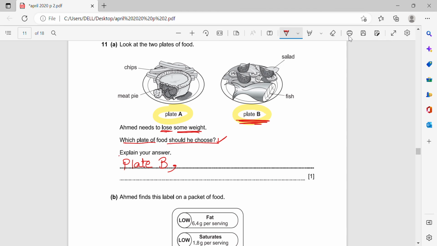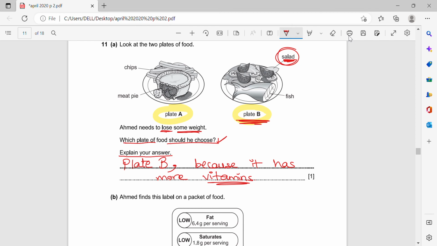طيب نخلي بالنا في explain your answer نص الدرجة. ليه plate B؟ plate B has more vitamins. Great. plate B because it has more vitamins. عندي السالد very rich source of vitamins.